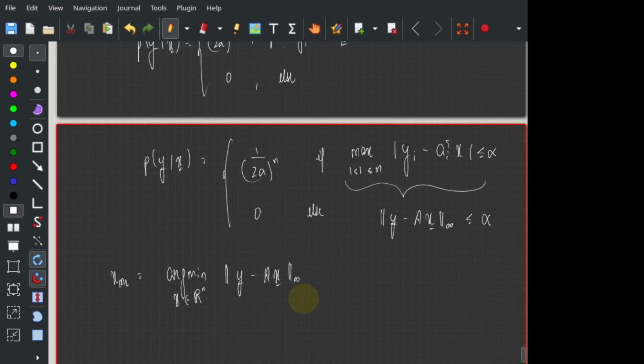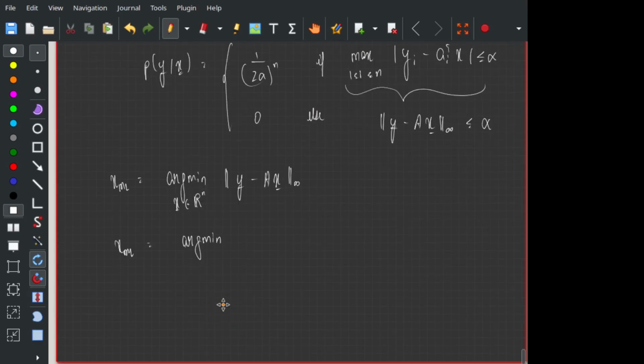Is there a way of formulating it in a slightly different way? Okay, so XML is argmin over all x such that the infinity norm of y minus Ax is less than or equal to alpha, of what is the objective function?